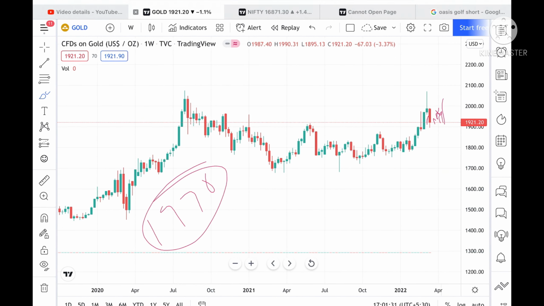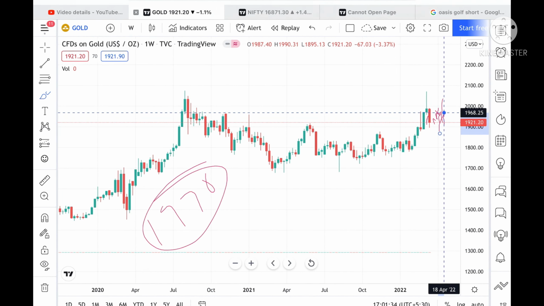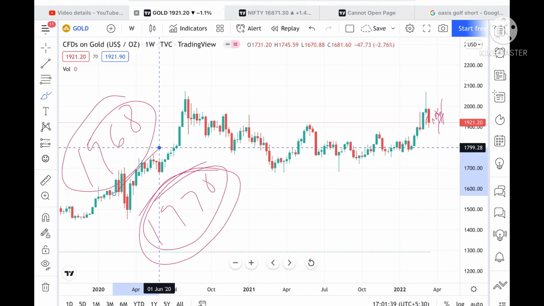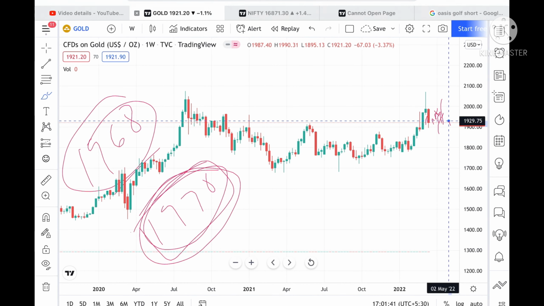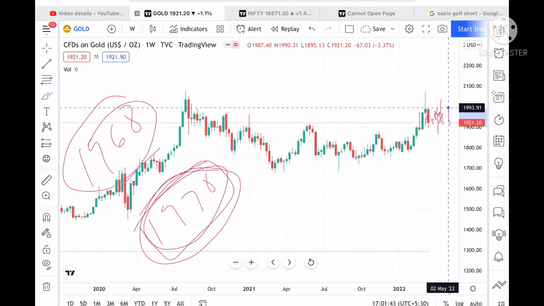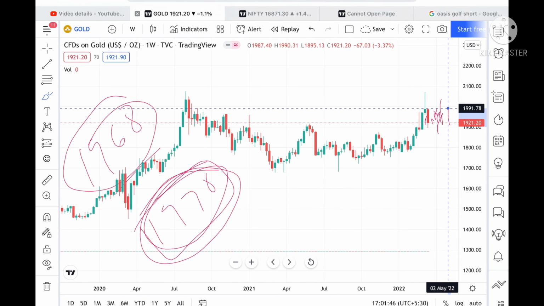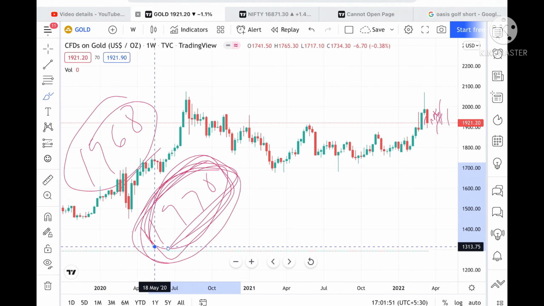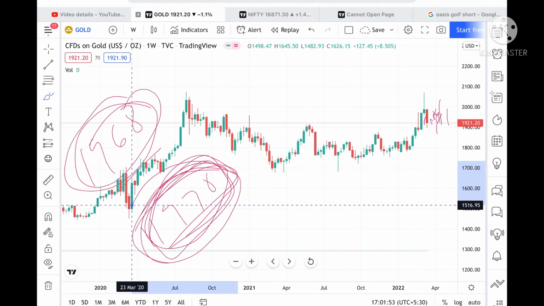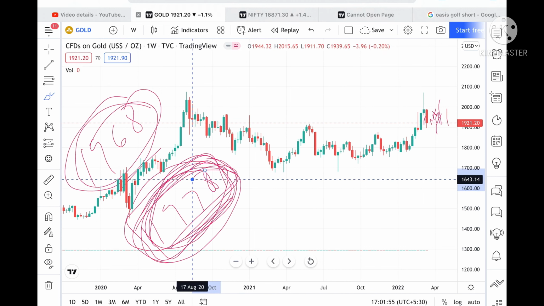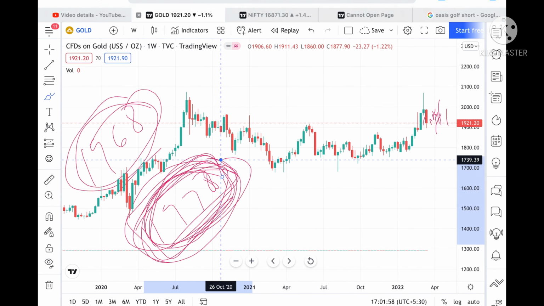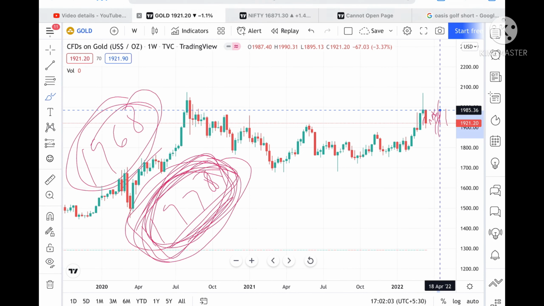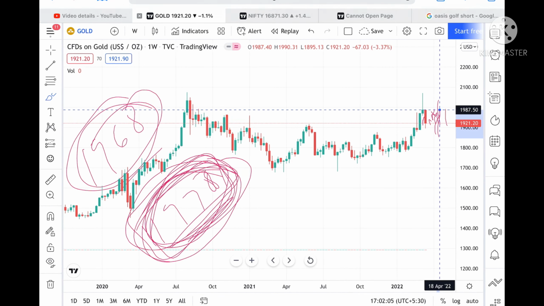Suppose the price goes above a level of 1968. Keep this in mind: if the price touches a level of around 1975, 1978 has already been tested here twice, so the probability will be high. If the price touches this level and it sustains, then the probability of going towards a level of 1987.5 is high.